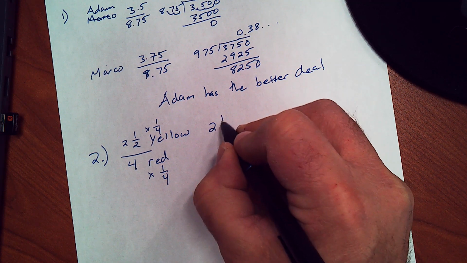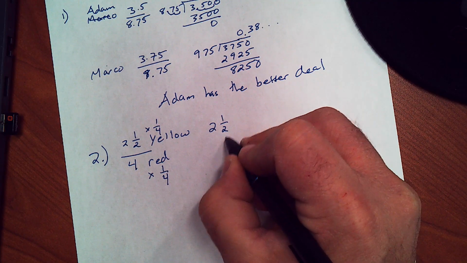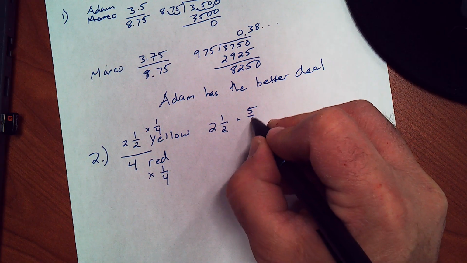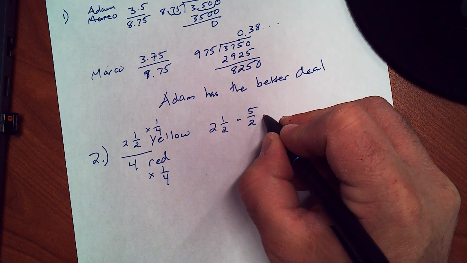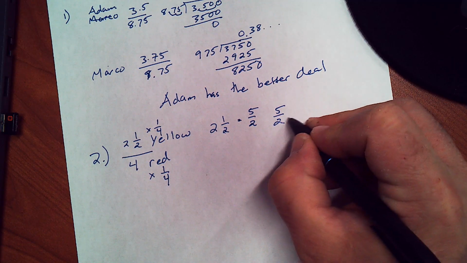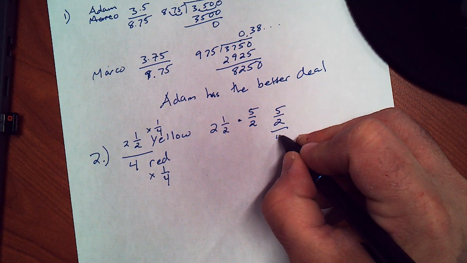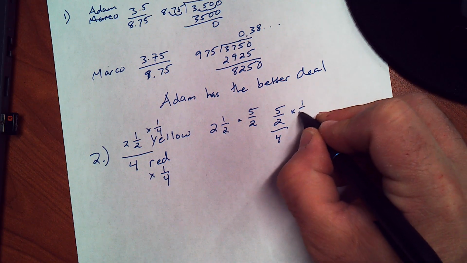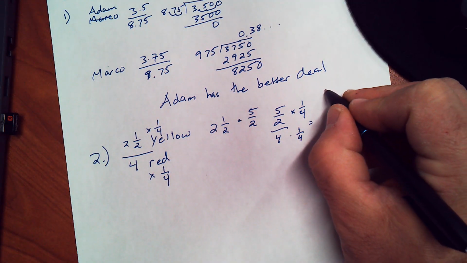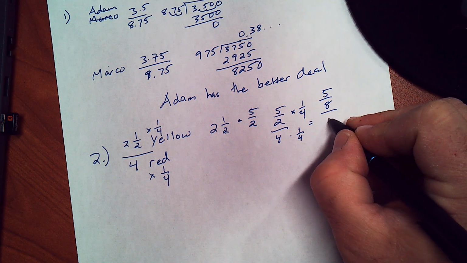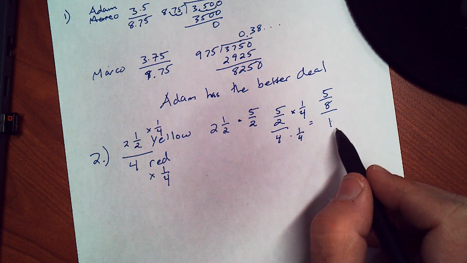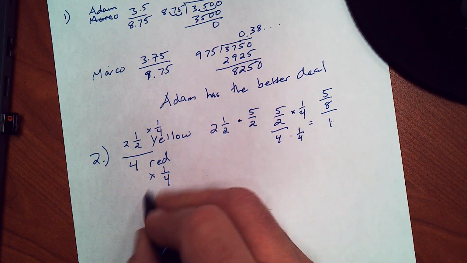Well, 2 1/2 first converts to an improper fraction, which is 5/2, and then we can take 5/2 over 4, multiply each of these by 1/4, and then we would get 5/8 over 1, and then that is how much goes into 1 pint, and we need 10 pints.